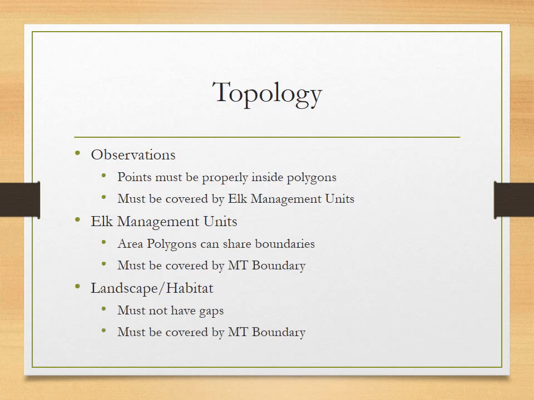Also, to help maintain data integrity, we put in a couple of rules and restrictions. For every observation, the point must be properly inside a polygon, and that polygon must be covered by the elk management unit, so directly relating those two. Elk management units can share boundaries.